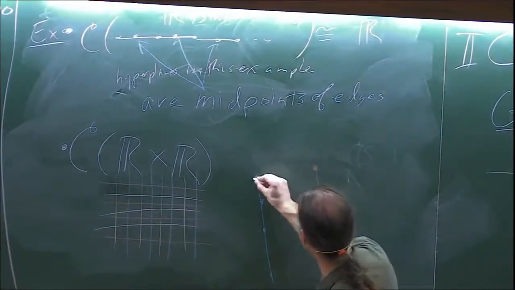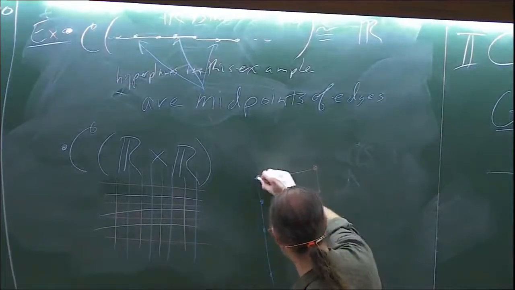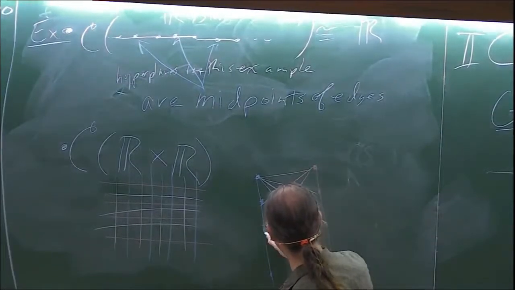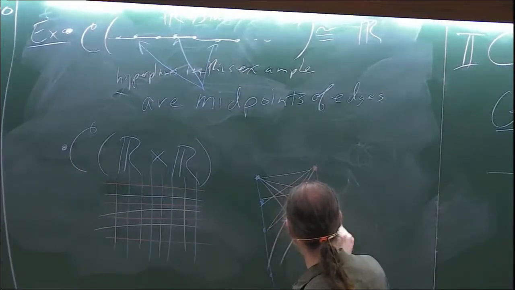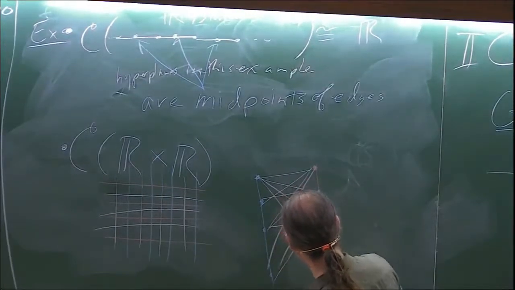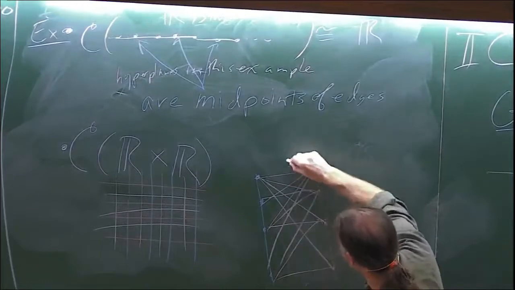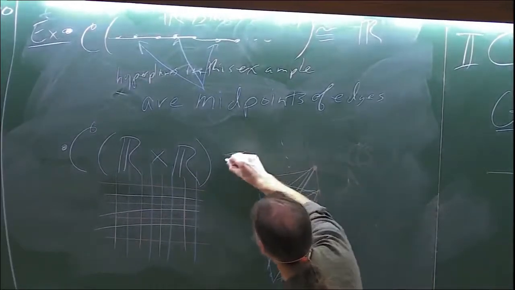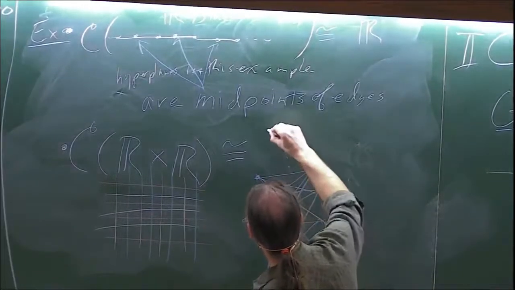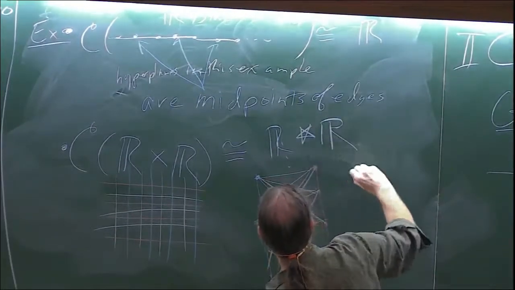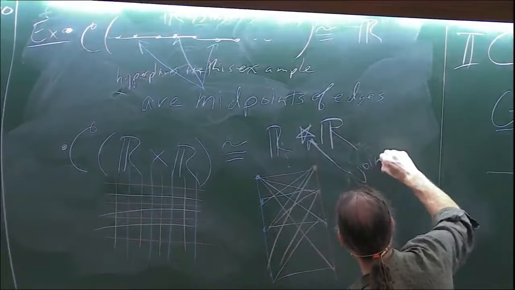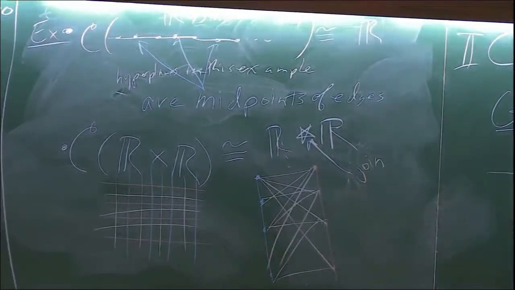Okay, so what I do is I take the join of these two graphs. And this goes in both directions. So this contact graph is isomorphic to what I'll call R star R. This is the join of these two graphs. Connect every vertex in one to every vertex in the other.